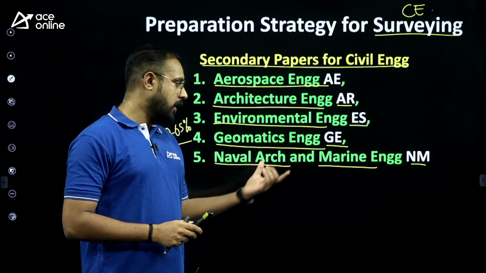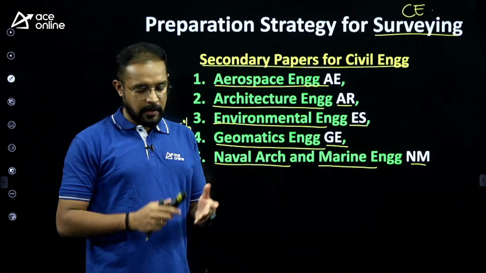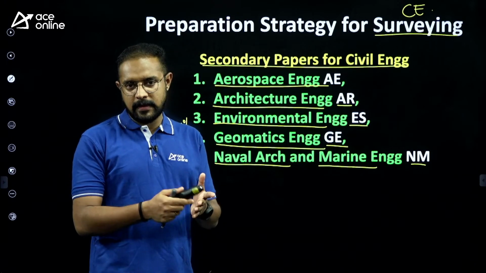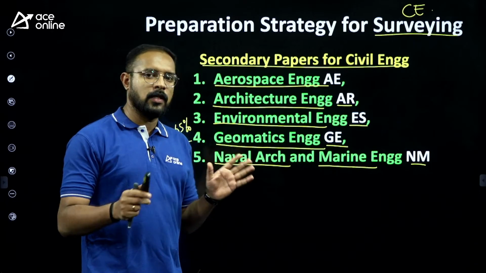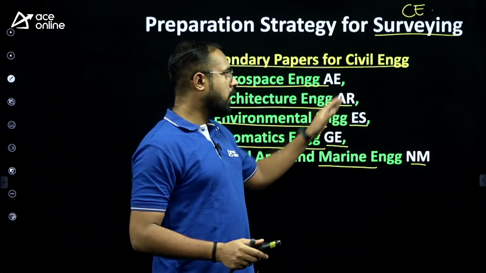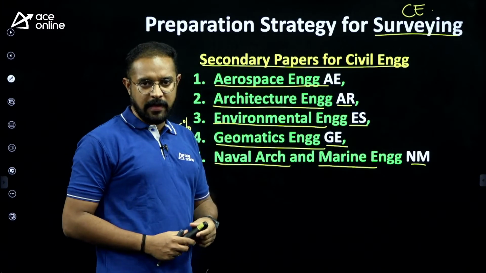So it is given to all three core topics: civil, ESE and computer science. But about 60 to 65% is civil topics only. Out of that, only surveying is part of the syllabus, so it's basically a surveying related paper.